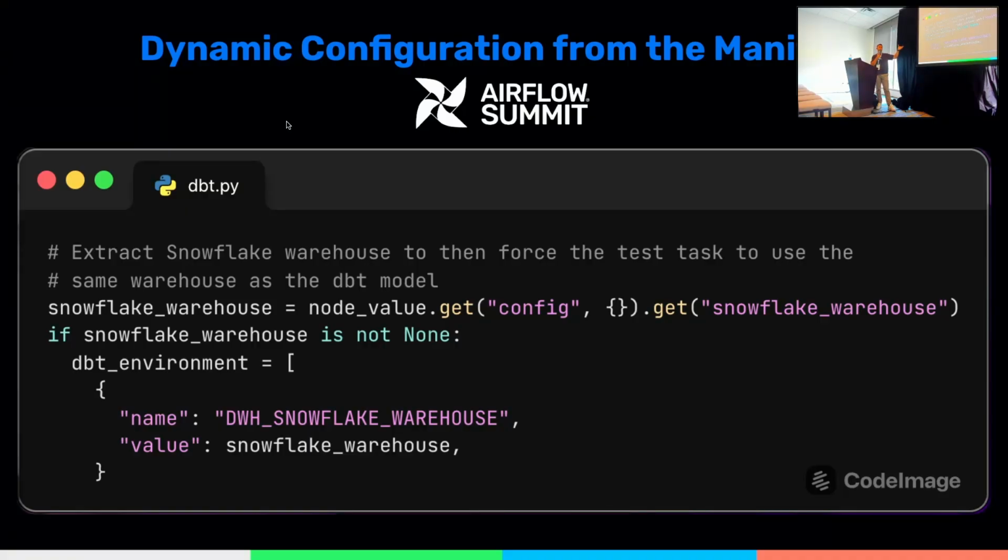Using the same file, in a very easy way, we are able to force DBT to do something that DBT should do. We force it to use this specific warehouse, which is exactly the same one DBT is using for the run, for the test. That's it. That solution will depend on what you are using, but I'm pretty sure that for other sources you will have similar solutions.